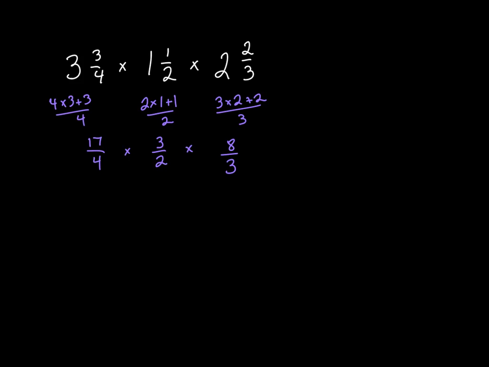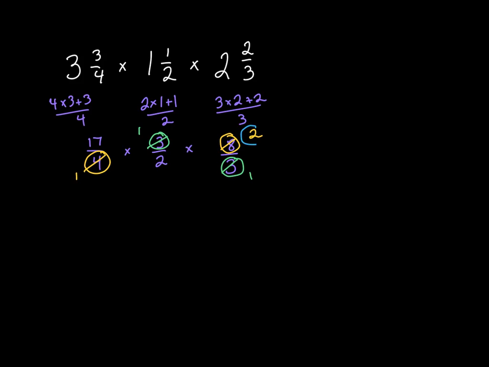Now let's start looking for things we can cancel. We can do 3 and 3. Both become 1. You have 4 and 8 can both be divided by 4. That's 1. 8 divided by 4 is 2. Now remember, the 8's gone. It's crossed off. We can't use it anymore.